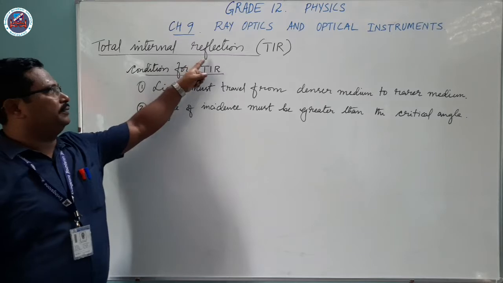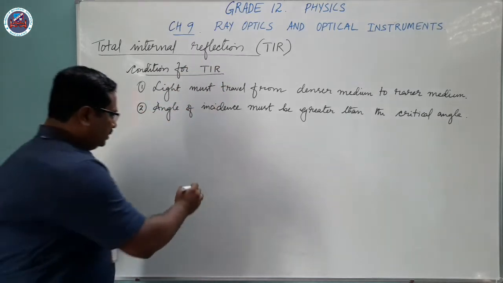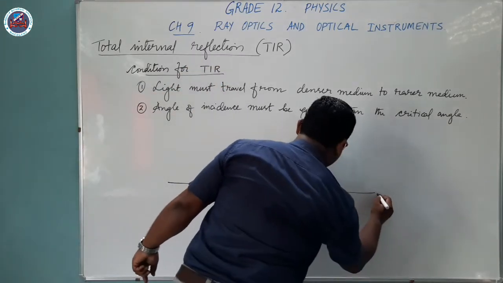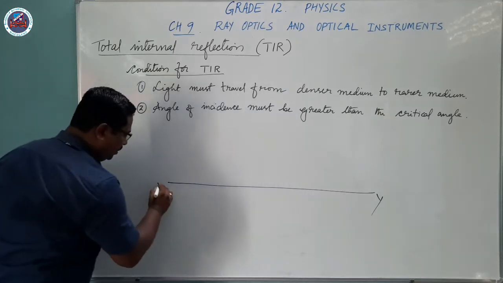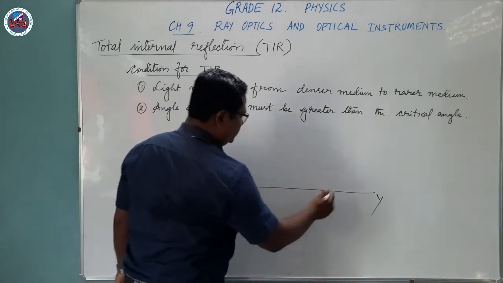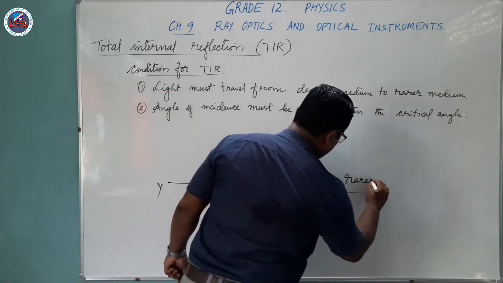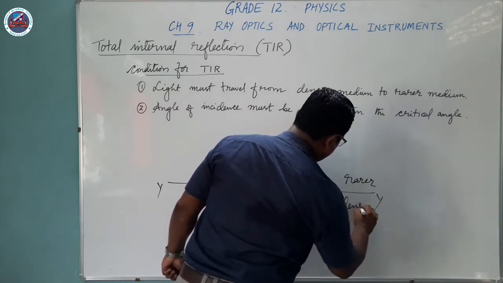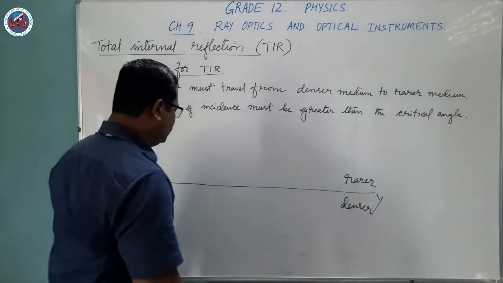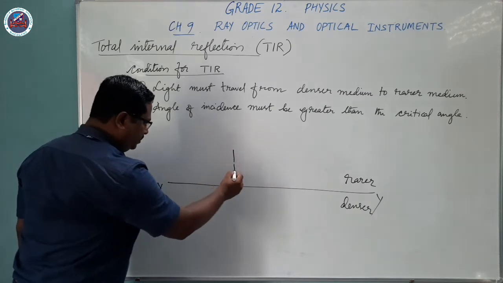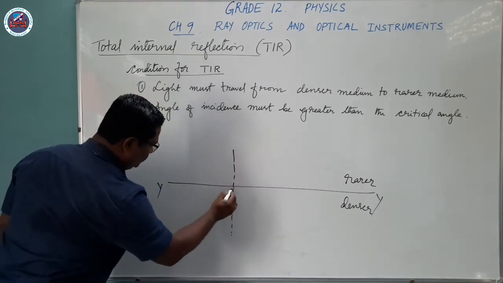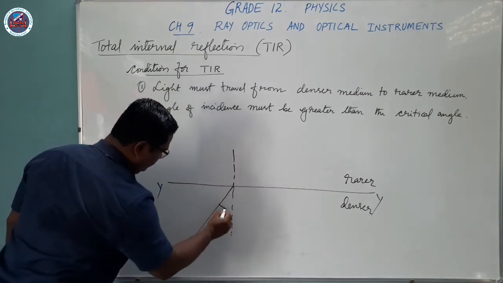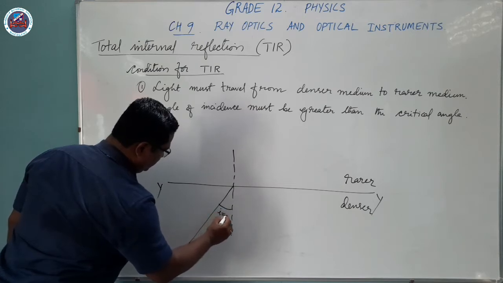To understand this, let me take this interface XY separating two media. Suppose this is rarer and this is denser. You already know about critical angle, so it will be a little easy to understand. Suppose this angle of incidence is your critical angle.